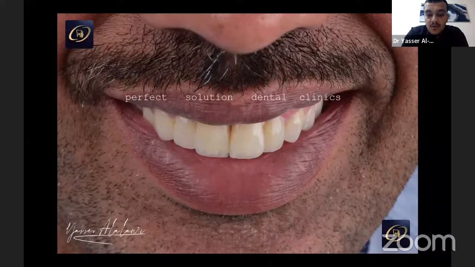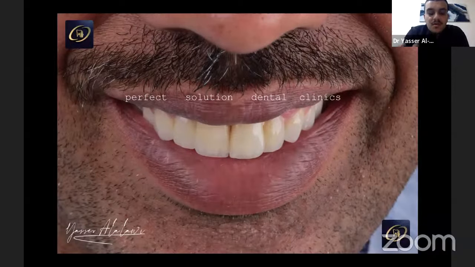The gingiva, as you look at it, is healthy, pink, and does not bleed. When I talked to the patient, I told him the success of your case depends on you following the oral hygiene instructions.